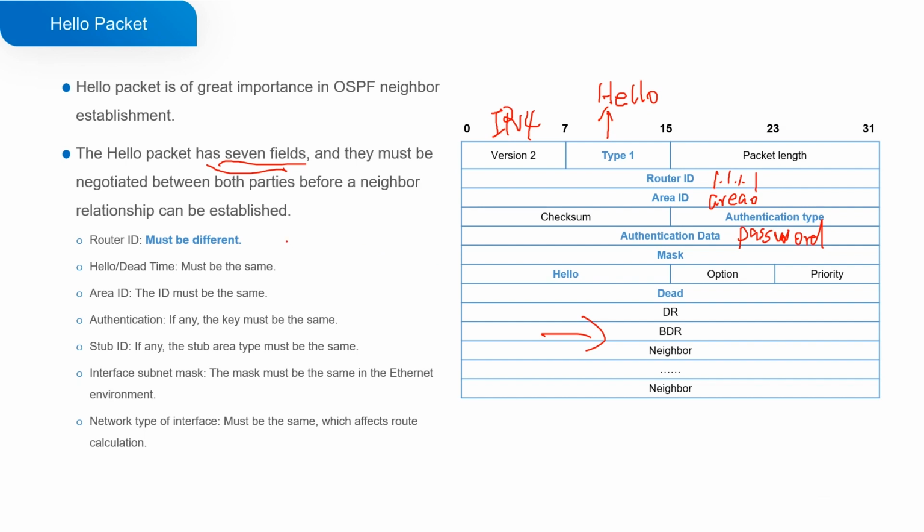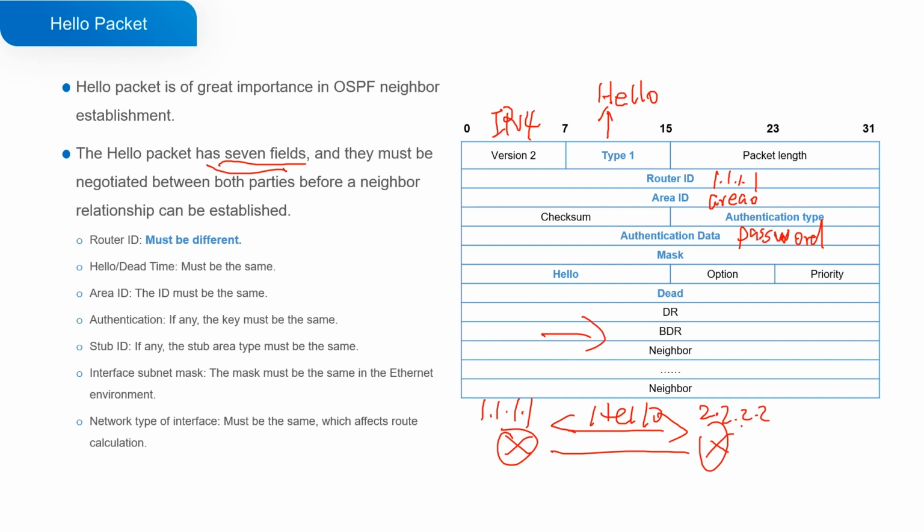Okay, so first the router ID must be different. It means for two routers to establish a relationship with each other, for example, this is 1.1.1.1 and this is 2.2.2.2, and we send the hello packet between each other, right? The 1.1.1.1 router sends the packet to 2.2.2.2, and the router ID is 1.1.1.1. And for the other router, the router ID is 2.2.2.2, which is different.